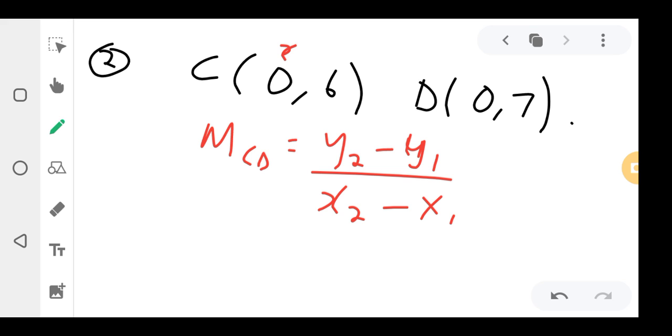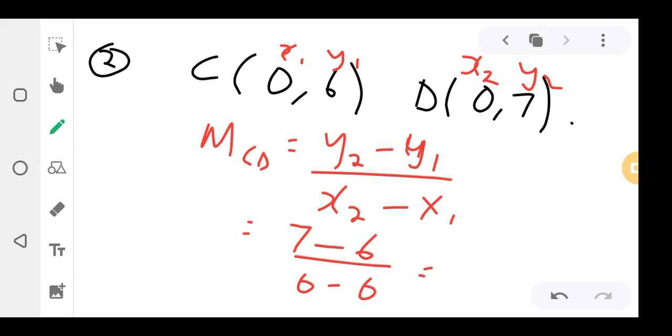So this is x1, y1, and x2, the second point, y2. Then you put them in the formula. y2 is 7, minus y1, 6, over x2, 0, minus x1, 0. So it will be 7 minus 6, which is 1, over 0. So 1 over 0 is the answer.